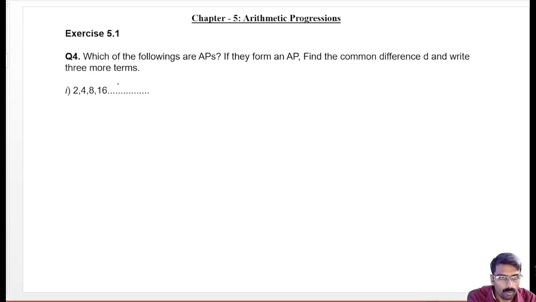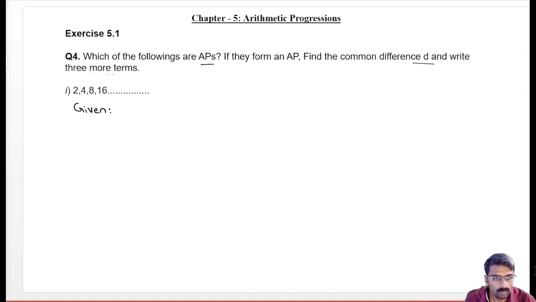Question number 4. Which of the followings are APs? If they form an AP, find the common difference D and write 3 more terms. We need to see whether it forms an AP with the common difference D and we need to write 3 more terms. Our first sub question is 2, 4, 8, 16 and so on.